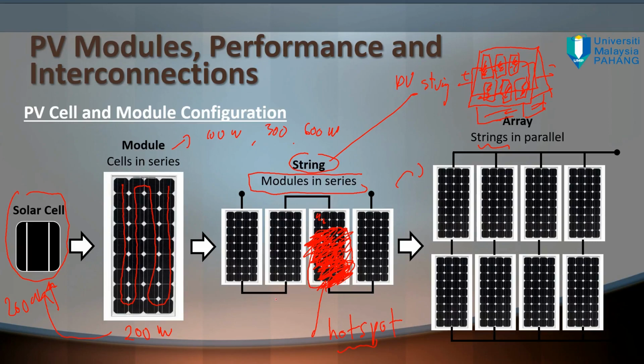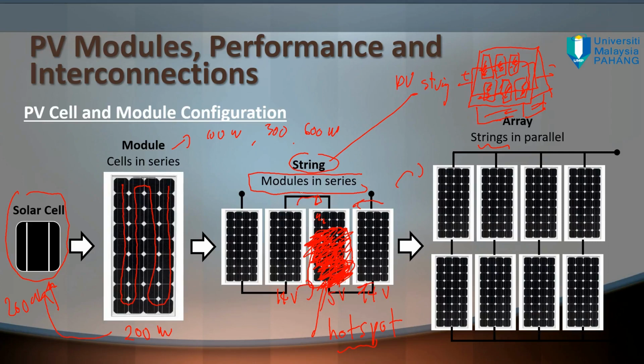For example, if this module is 14 volt and this one becomes 5 volt, current will flow to the lowest potential, but this part may have reverse current, and everything will accumulate on this module.